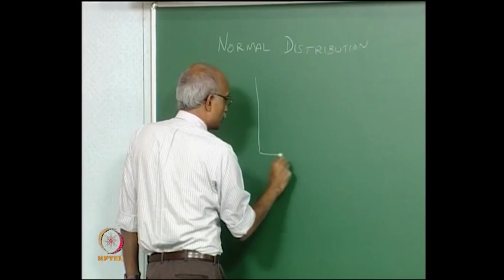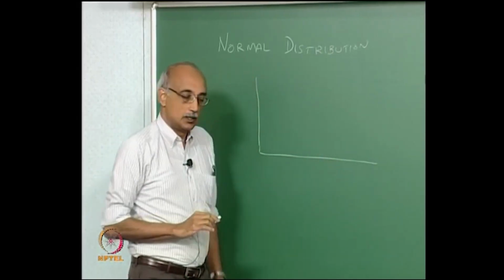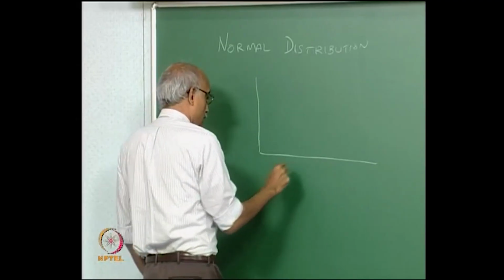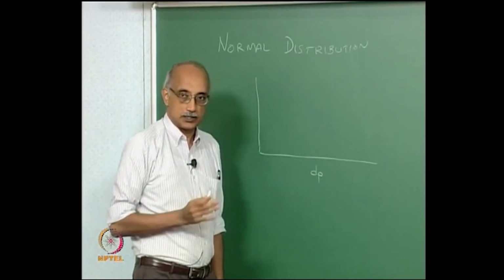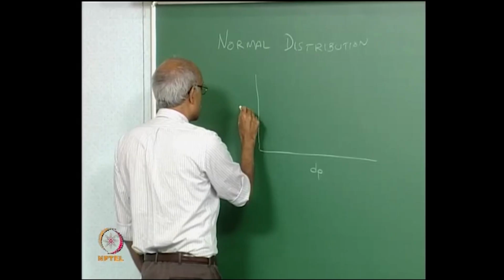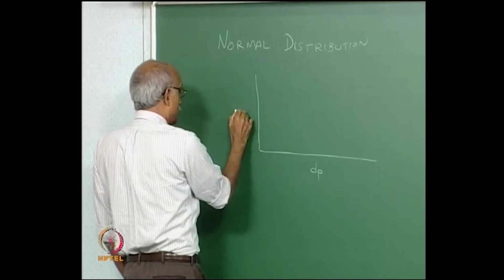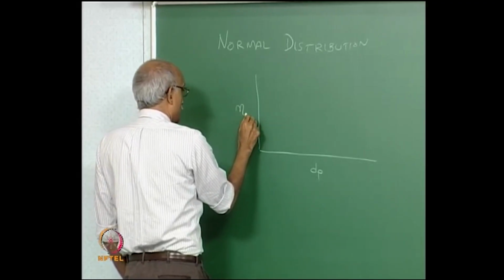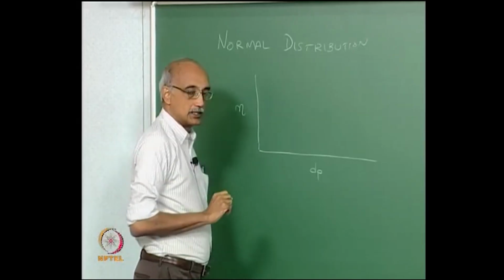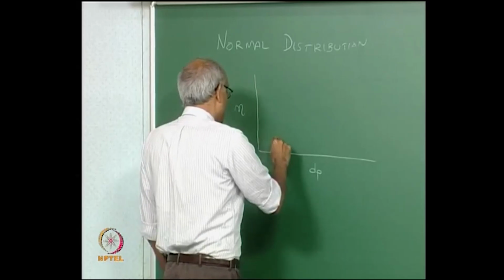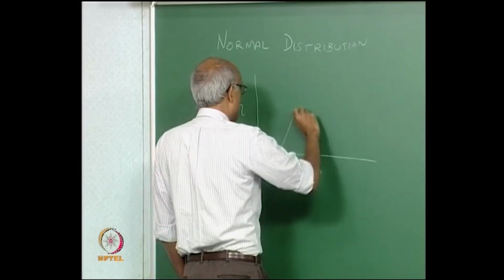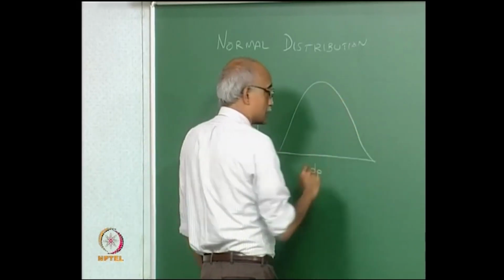In a normal distribution of particle size, if you plot the size of the particle on the x axis versus, let us say, the number of particles corresponding to that size on the y axis, what you would find is a distribution that looks like this.